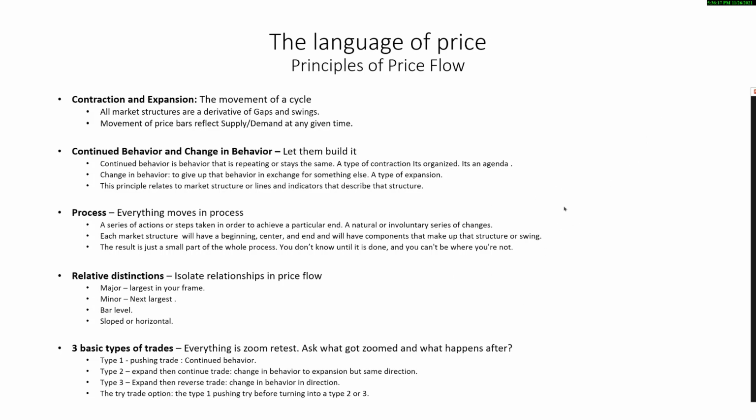Just knowing that can help you understand the flow, and it can be any structure. It could be same size gaps. This principle relates to market structure or lines and indicators that describe that structure, meaning it can be following a trend line and then it's not following it anymore. You can do it with indicators.